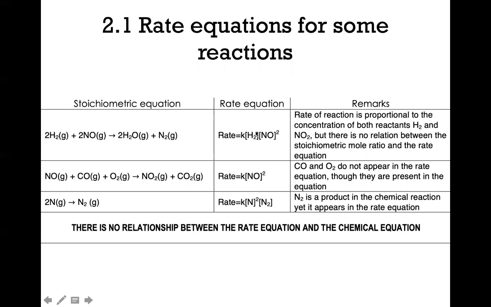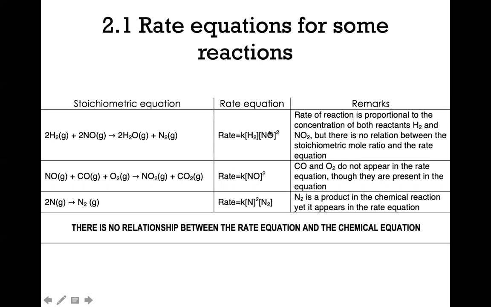That means the order of hydrogen is 1, times the concentration of nitrogen monoxide to the power of 2. This means it is second order with respect to nitrogen monoxide, and first order with respect to hydrogen.